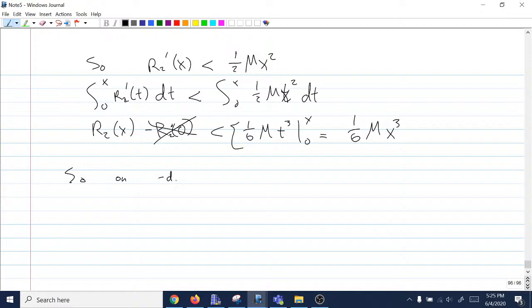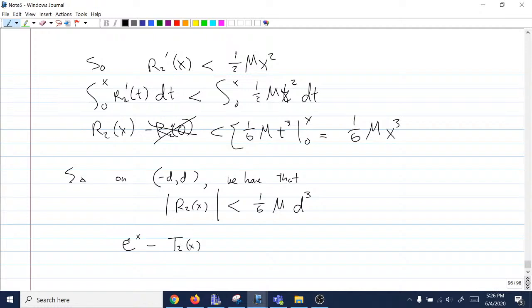On the interval from negative d to d, we have that R2 of x is at most as big as 1/6 md cubed. That says e to the x minus t2 of x, that was defined to be this thing, is going to be at most e to the d over 6 d cubed.